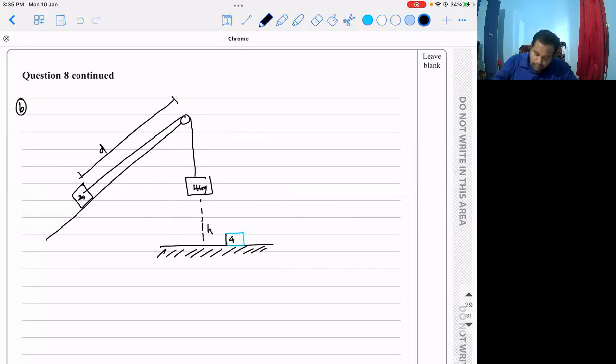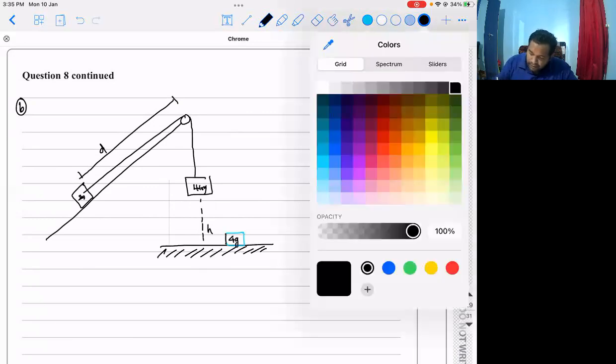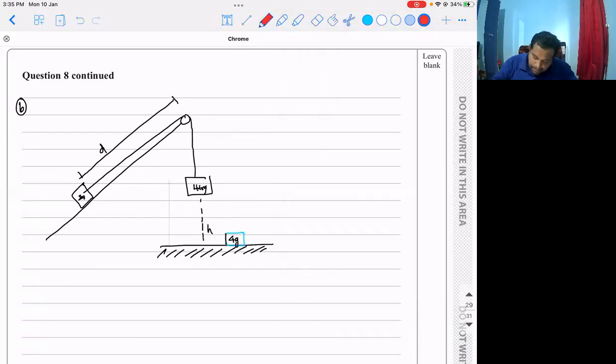I'll use a different color to represent the same. This 2 kilogram will move h distance.